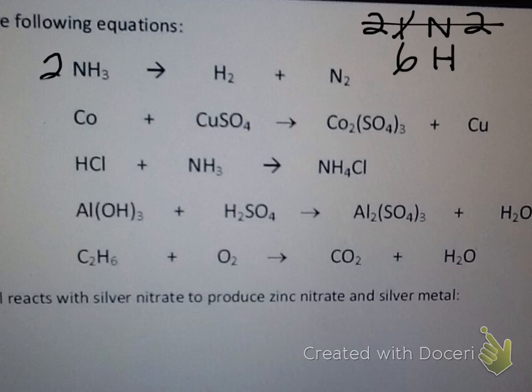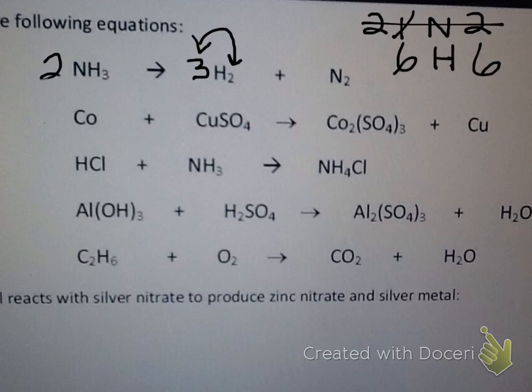How many hydrogens do I have on my product side? 2. How do I make 2 a 6? 2 times what is 6? You're probably pretty good at this. 2 times 3 is 6. So to make the hydrogens on the left and the right match, I need to add the coefficient 3 to the front, because 3 times 2 is 6.